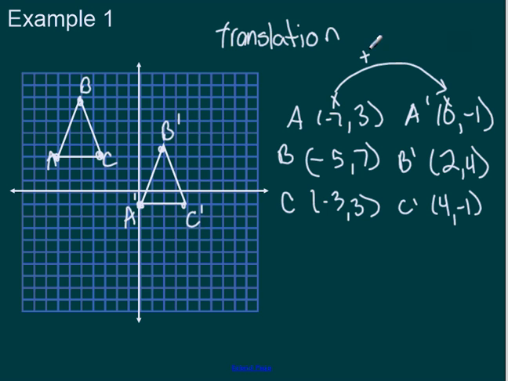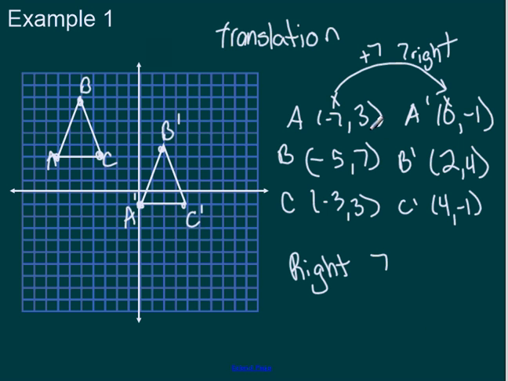Well, you have to add 7, or you have to go 7 right, to get from -7 all the way to 0. So I can already tell my first part of the translation is to move the object right 7. And then let's see where it goes up and down.